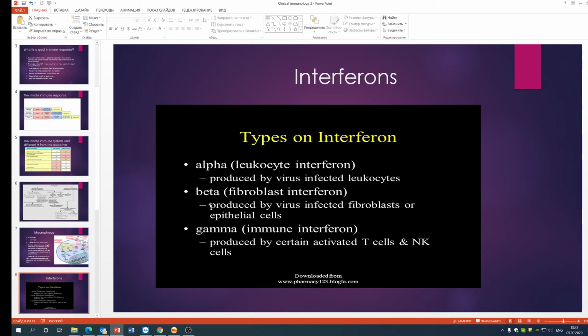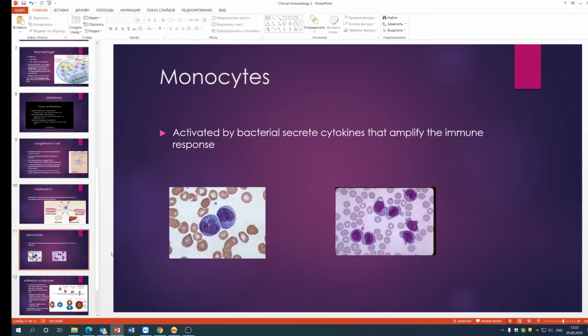Beta interferon, fibroblast interferon, is produced by virus-infected fibroblasts or epithelial cells. And gamma interferon, immune interferon, is produced by certain activated T cells and natural killer cells.